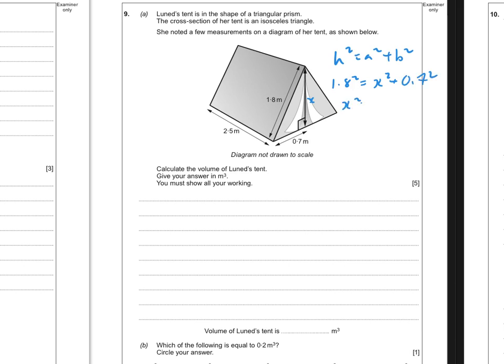So rearranging this, x is the root of 1.8 squared take away 0.7 squared, which is the root of 2.75.